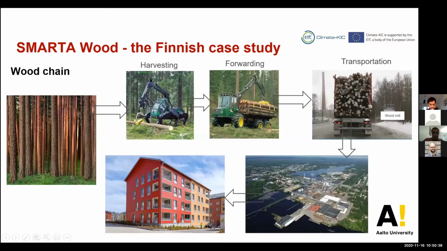Now we come to the wood supply chain. I think we have a pretty straightforward supply chain compared to Sweden. Forests are harvested with this big machine, and then wood is transported from the forest to roadside by forwarding, and from there this big truck transports it to the sawmill or other mill if needed for the final product, and finally ends up at this construction site.